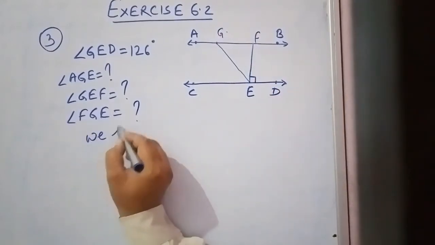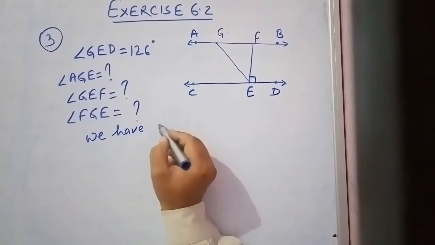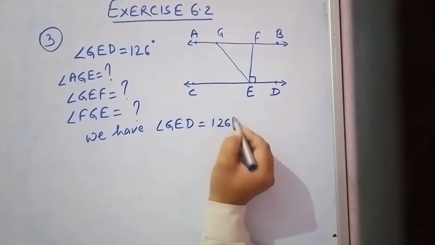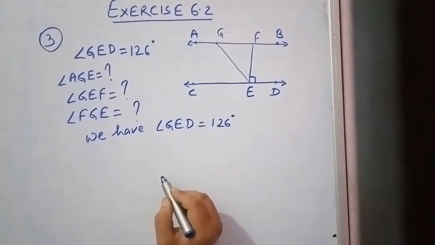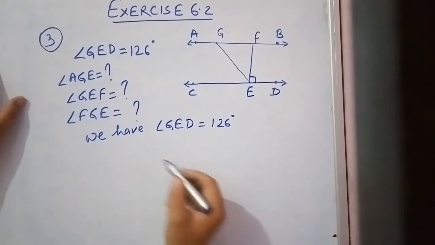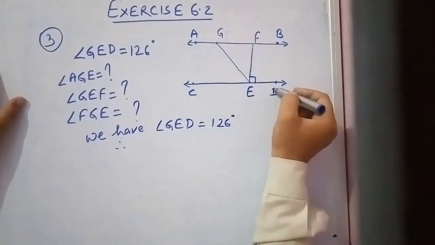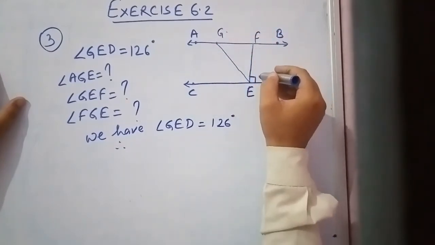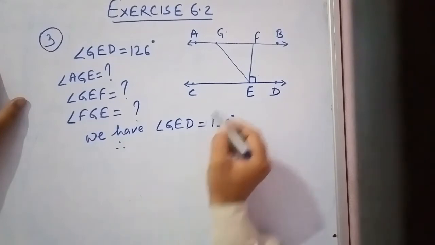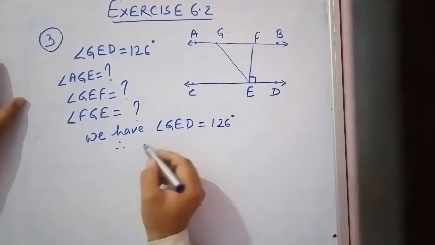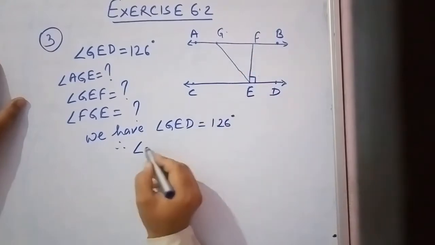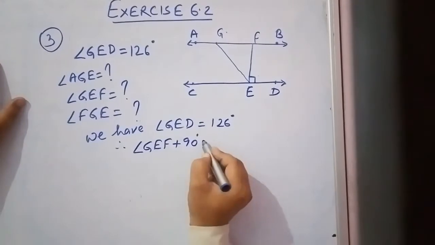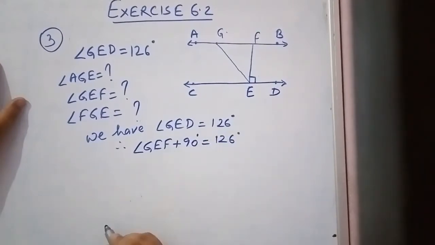We have angle GED equal to 126 degrees, and GED includes two angles, GEF and this 90 degrees. So angle GED may be written as angle GEF plus 90 degrees equal to 126 degrees.